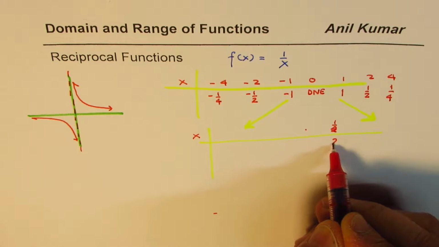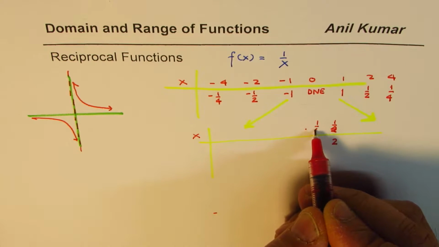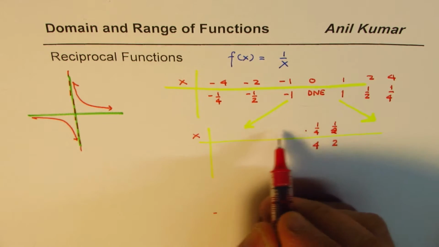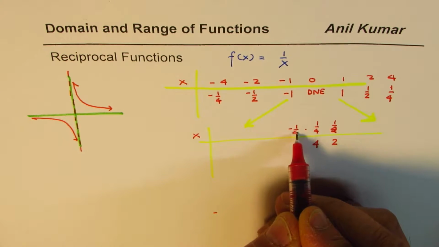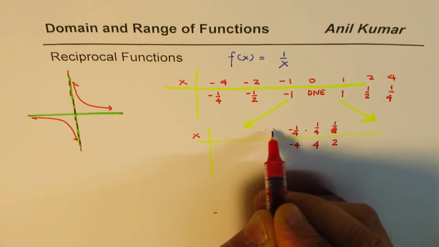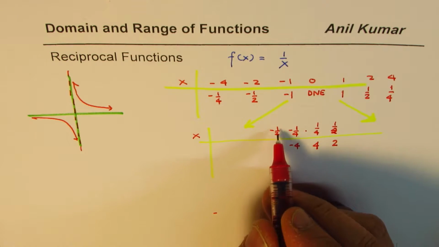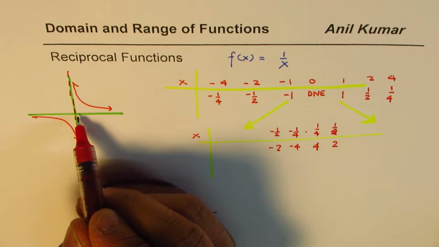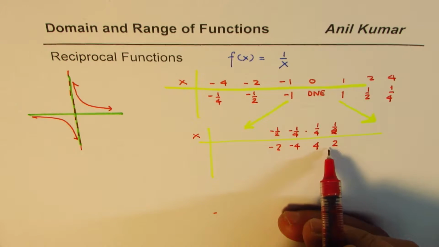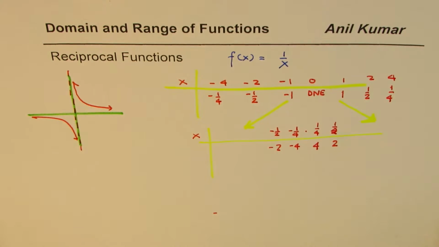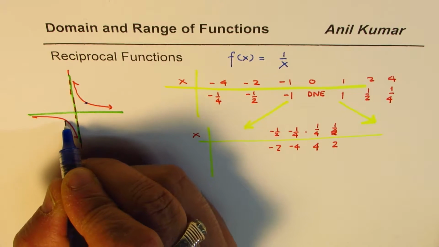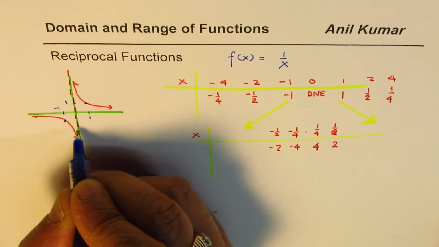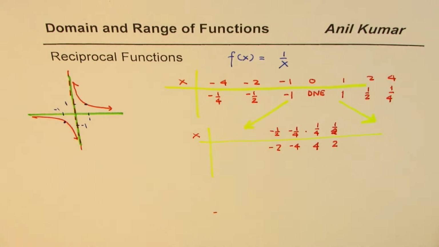Half reciprocal will be 2. Do you get an idea? If I take 1/4, the reciprocal will be 4. On the other side, if I take minus 1 over 4, the reciprocal will be minus 4. And minus half will give me minus 2. So these numbers suggest that as we go closer and closer to 0, the values become higher and higher. So if these numbers are 1, 1, or minus 1, minus 1, we'll have this kind of figure.